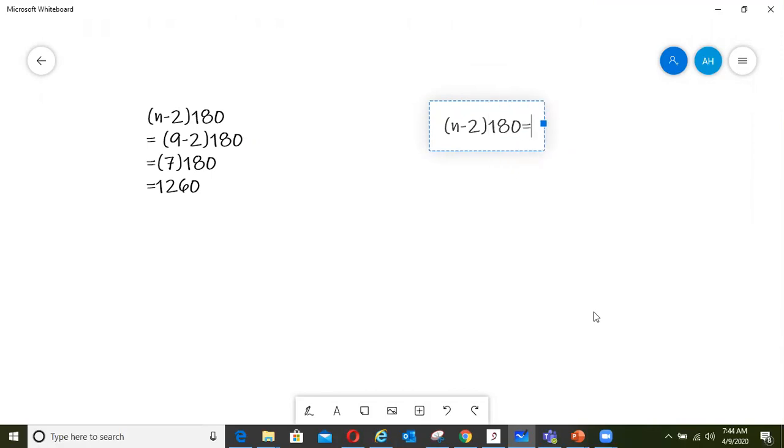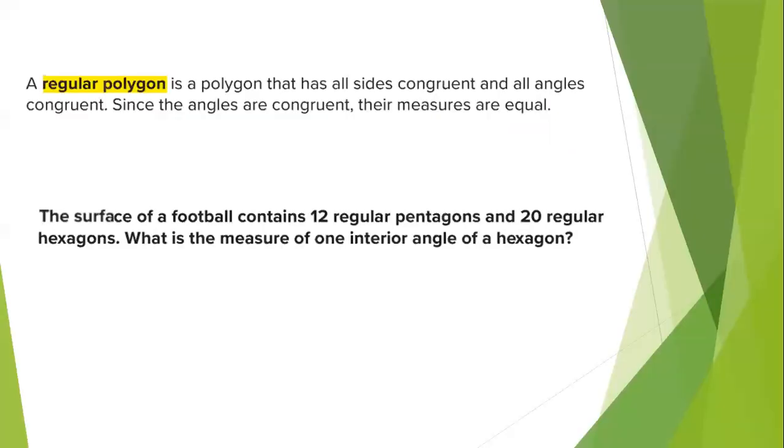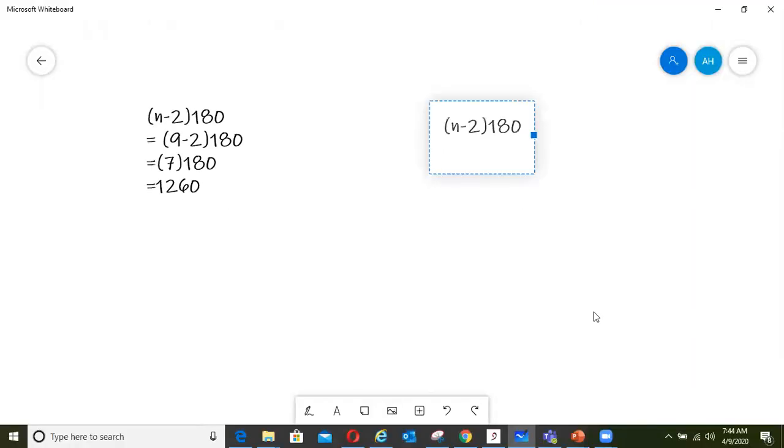For the hexagon, n here is 6. So (6 minus 2) times 180. 6 minus 2 is 4, times 180. 4 times 0 is 0, and 4 times 8 is 32, 4 times 1 is 4 plus 3 is 7.